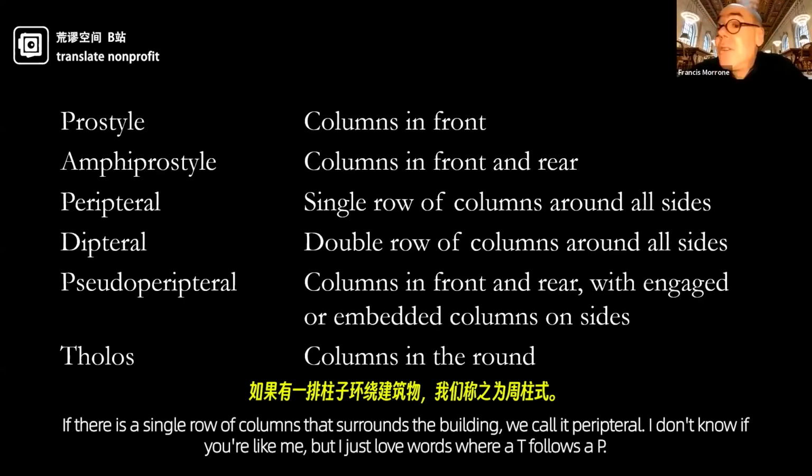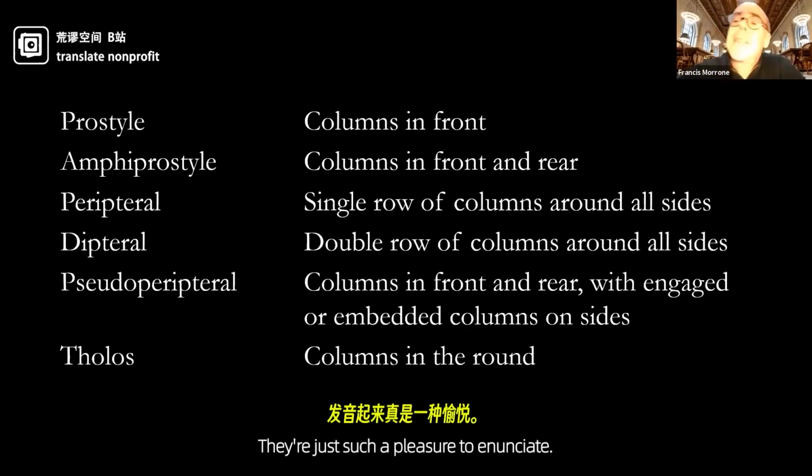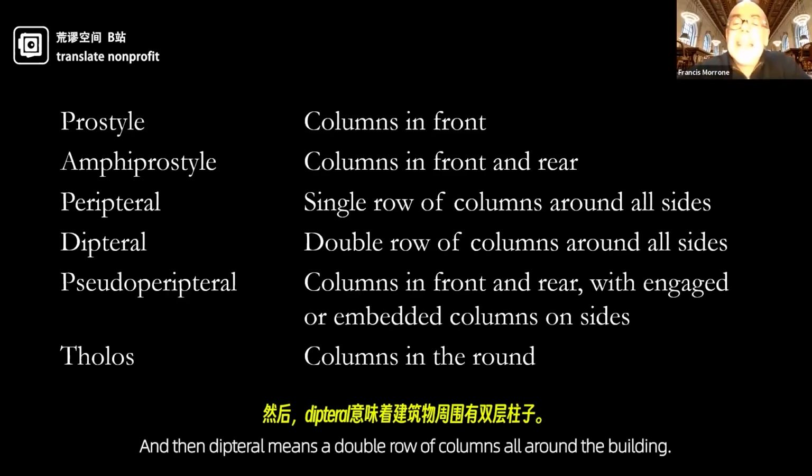If there is a single row of columns that surrounds the building, we call it peripteral. I don't know if you're like me, but I just love words where a T follows a P. They're just such a pleasure to enunciate. And then dipteral means a double row of columns all around the building.